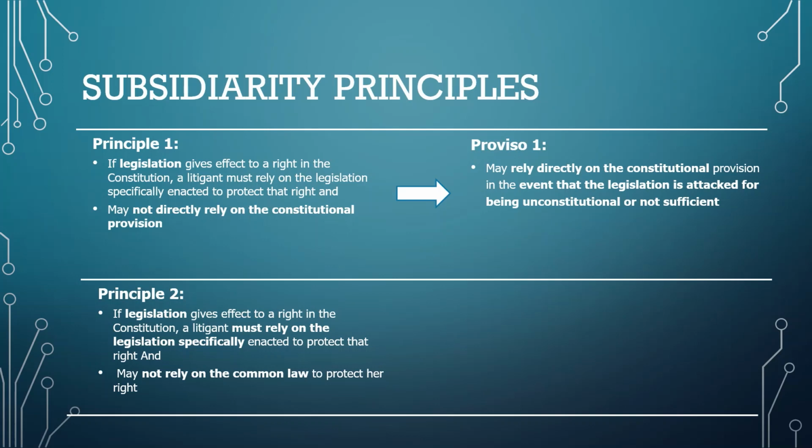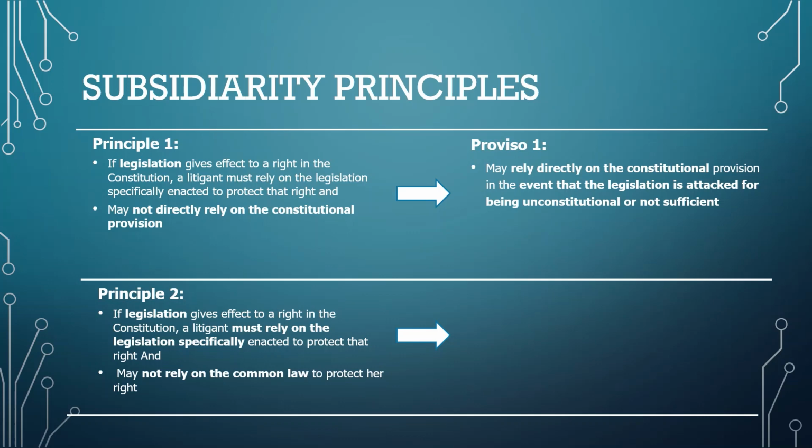Now, Proviso 2 is the proviso or the qualification or the exception to Principle 2, which requires reliance on the legislation rather than the common law. The proviso to Principle 2 allows for reliance on the common law in certain instances. First of all, where the legislation does not cover the infringement and therefore cannot be relied on.